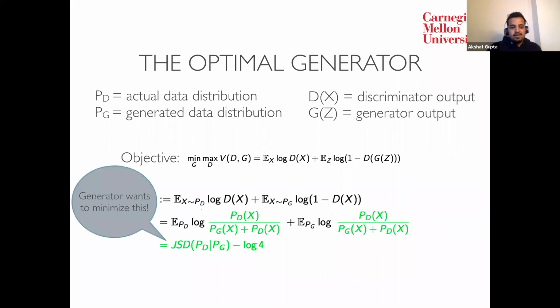The optimal generator: we first train the discriminator, we find the optimal discriminator, and then we put it back in this loss function. What we find is that the generator is trying to minimize the Jensen-Shannon divergence between the generated distribution and the actual data distribution.